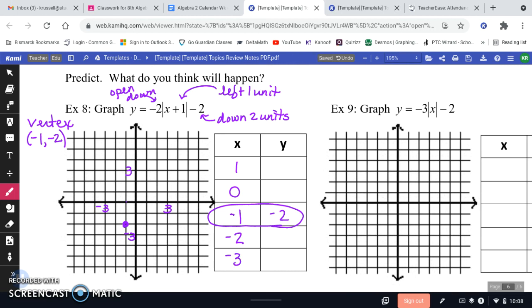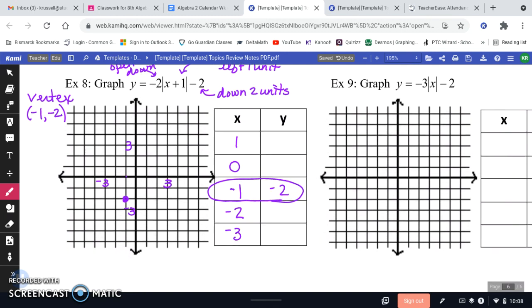If I take 0 and plug that into my equation, y equals -2 times the absolute value of 0 plus 1, minus 2. So this is going to be -2 of 1 minus 2, and that equals -4 at 0.